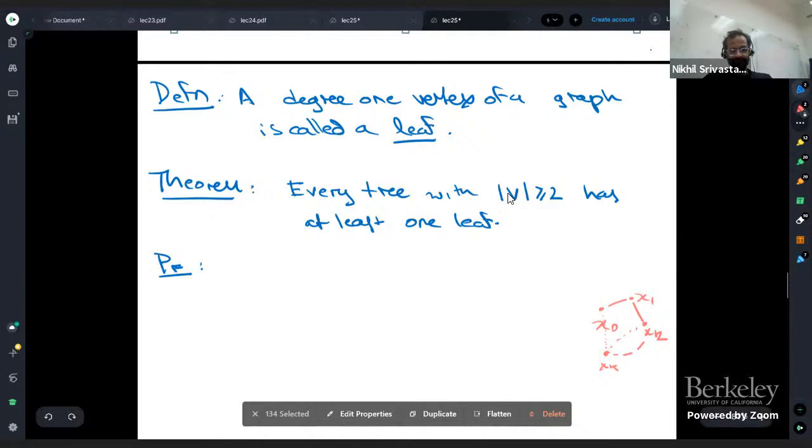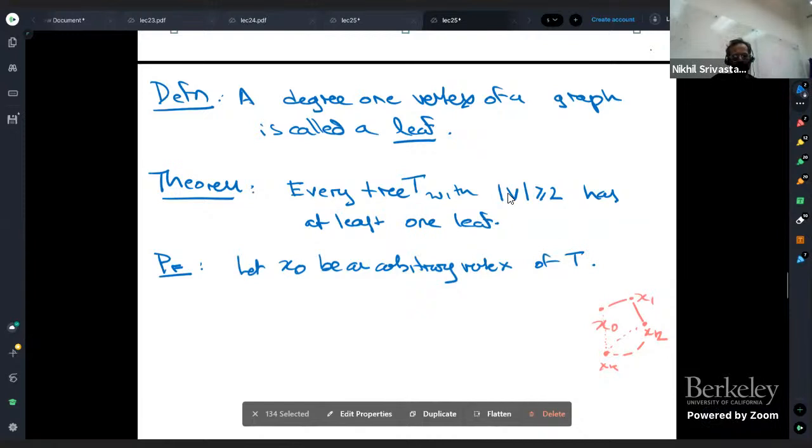So let's formalize this. Let x naught be an arbitrary vertex of the tree, and let's call the tree T. So this has at least two edges. Now let x1 be a vertex adjacent to x naught.